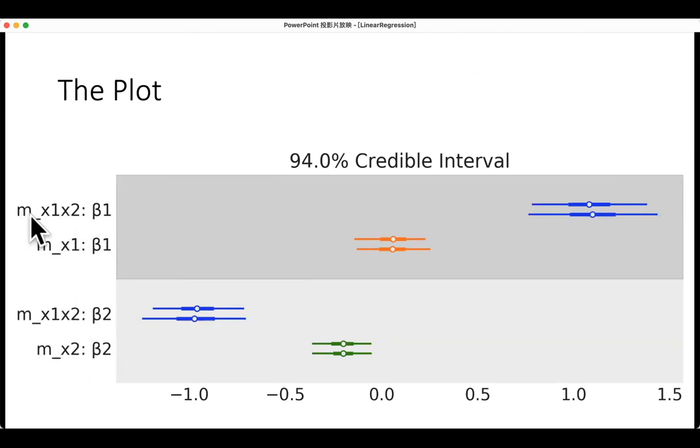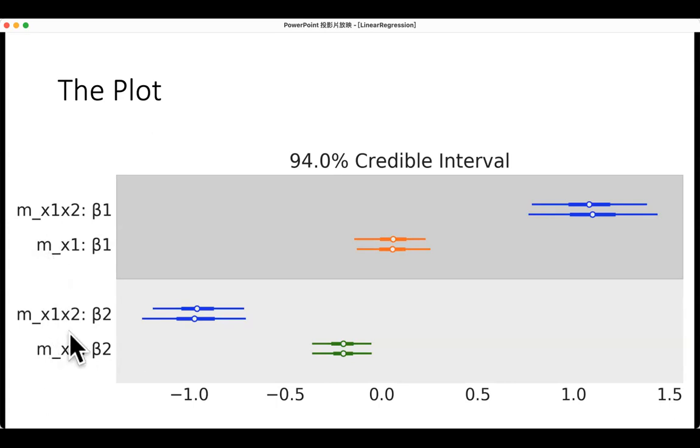The mx1, x2 represents the result from the first multiple linear regression model. The mx1 means the model we get from using x1 as the independent variable to generate a simple linear regression.